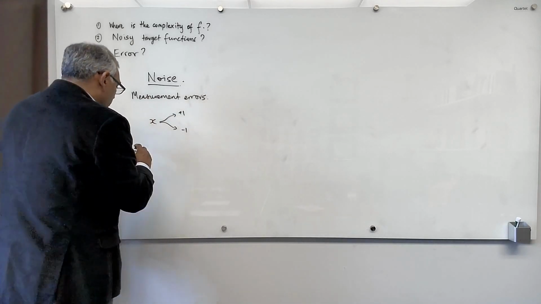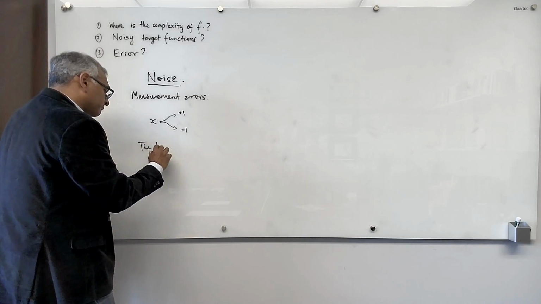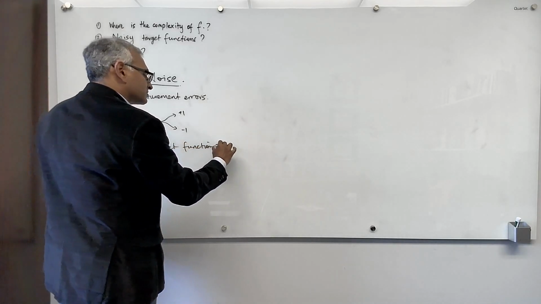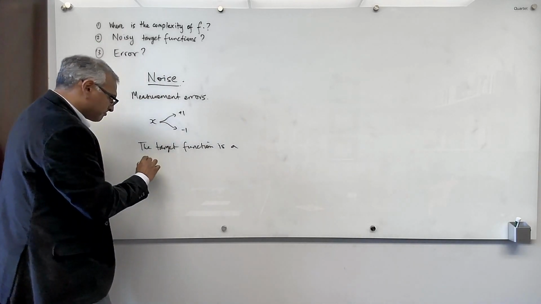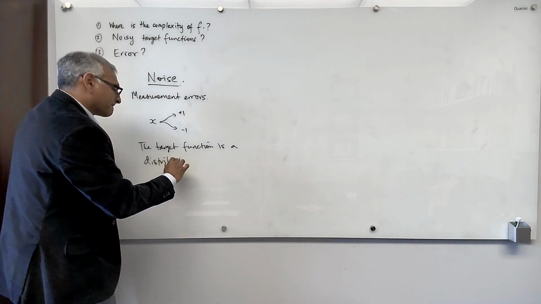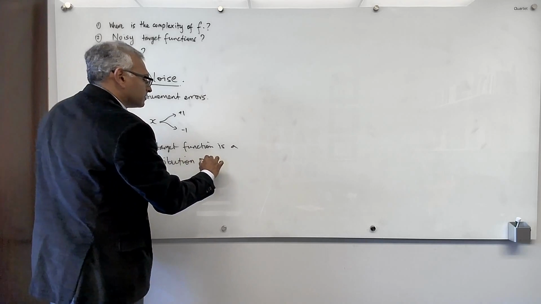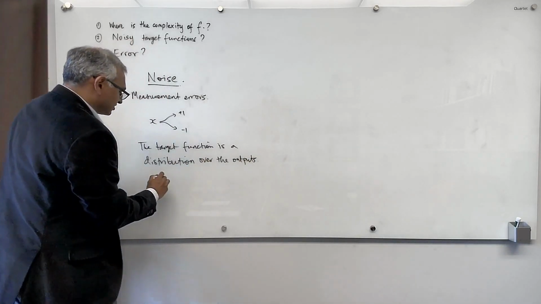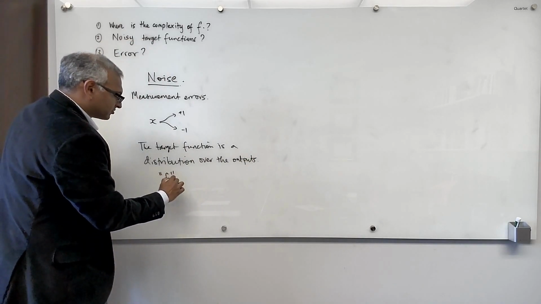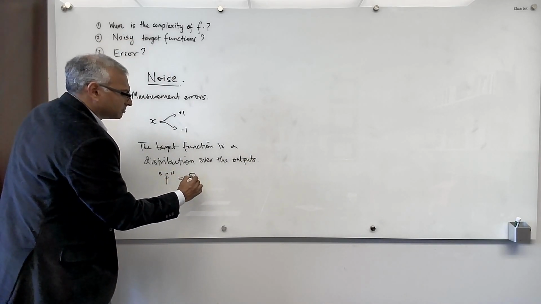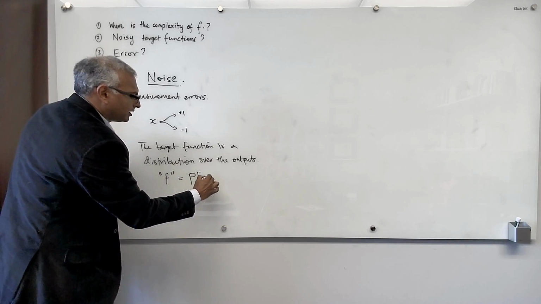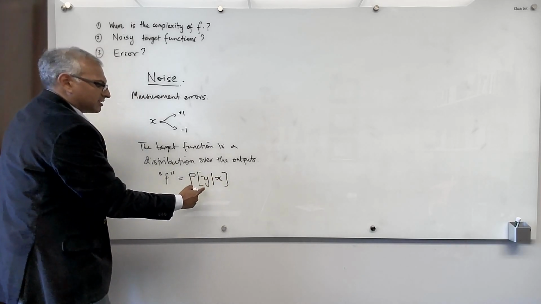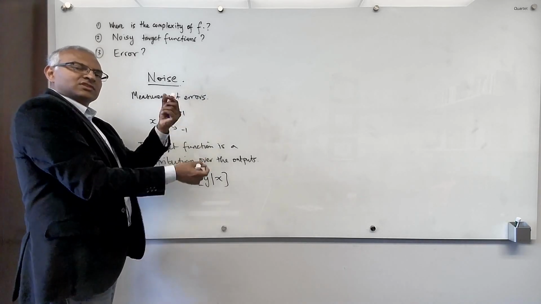So the target function is a distribution over the outputs. And so that means that F is really some probability distribution of the output Y given the input X. So depending on X, that determines how likely each of the different Ys are.